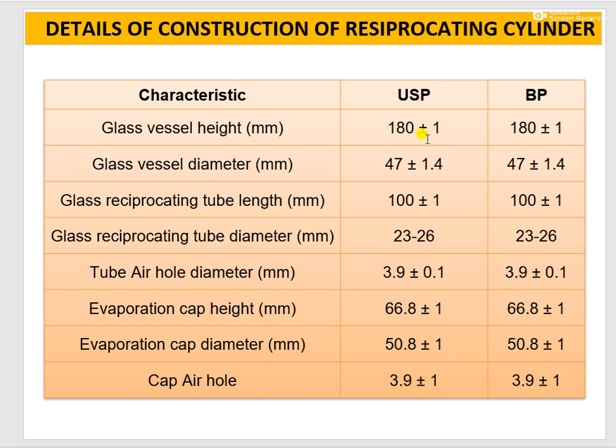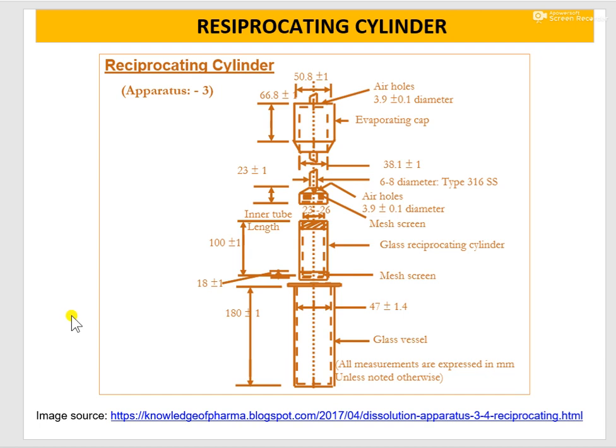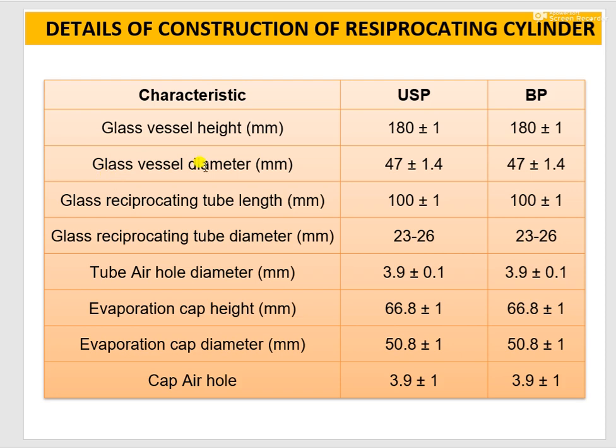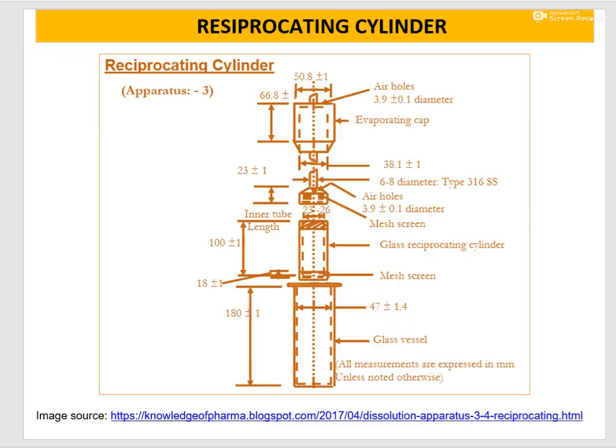This slide depicts USP and BP comparison. So glass vessel height, it is 180 millimeter. So this is the external vessel height, which is 180 millimeter plus or minus 1 millimeter. Next is glass vessel diameter. So this is the diameter, that is 47 millimeter.